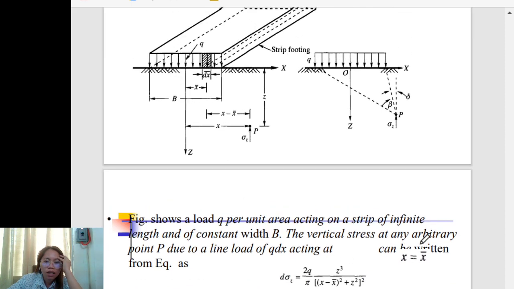The vertical stress at any arbitrary point P due to a line load of Q dx can be written as, the change in vertical stress can be written as this formula.